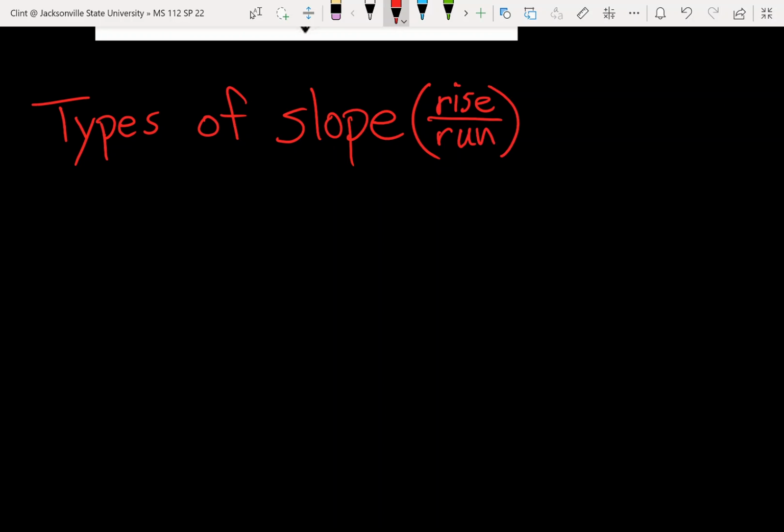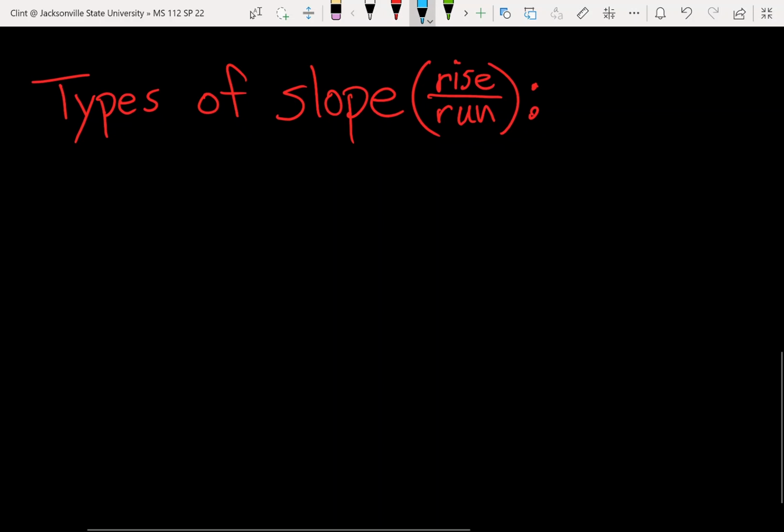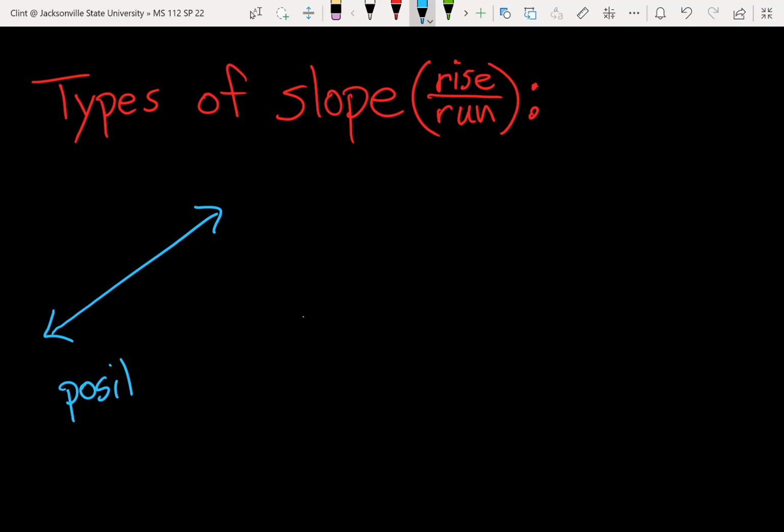So how much does our graph move up and down versus how much it moves left or right, rise over run. Let me switch colors here. We've got 4 basic types. We could have one that goes up and to the right. Like we're moving from left to right, we're thinking about what happens to our graph. So it goes up from left to right. We would say this line has positive slope.